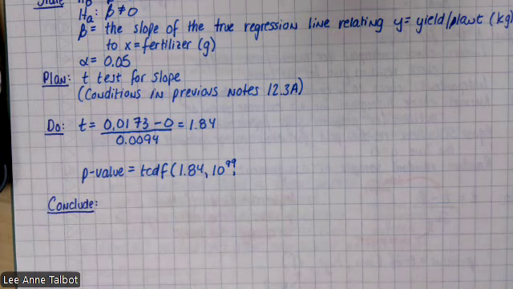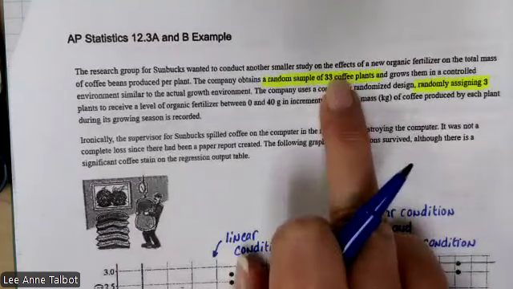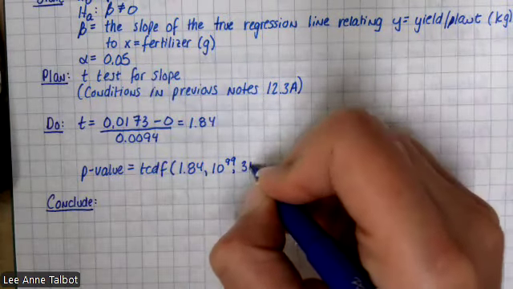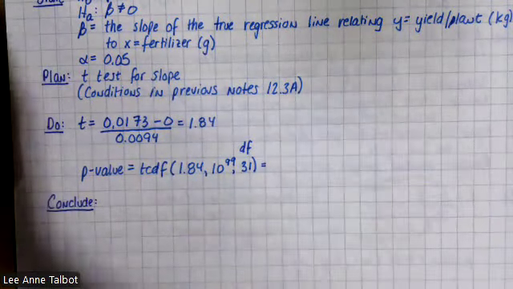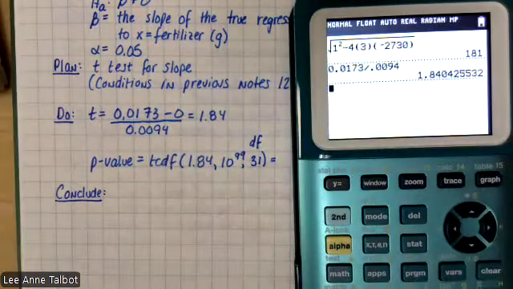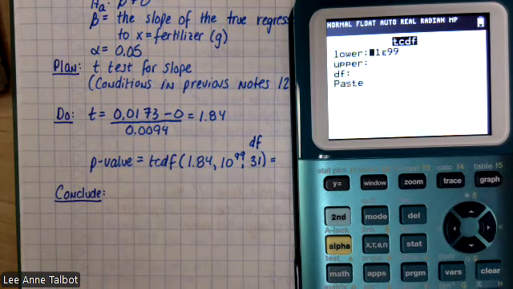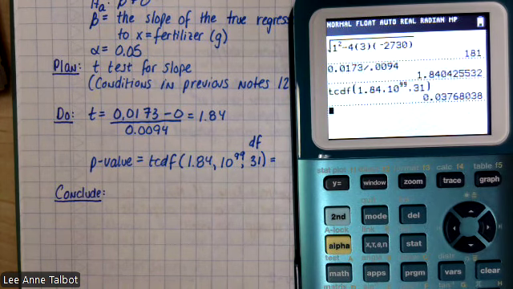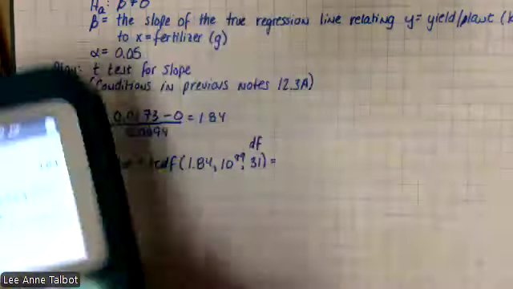We're gonna have to research. 33 minus 2 is 31. 0.0377.